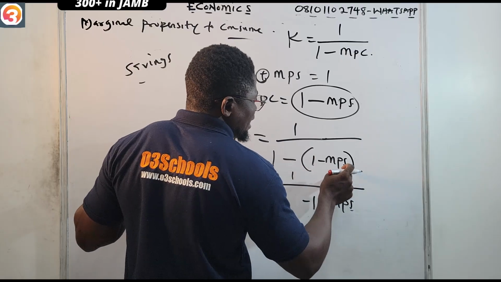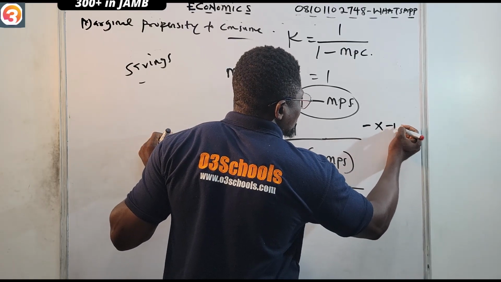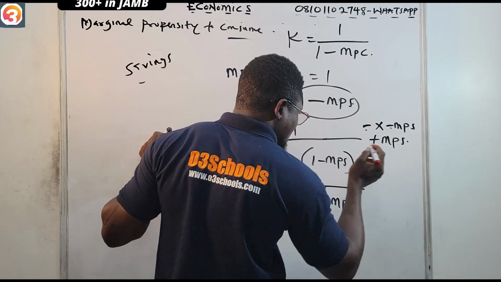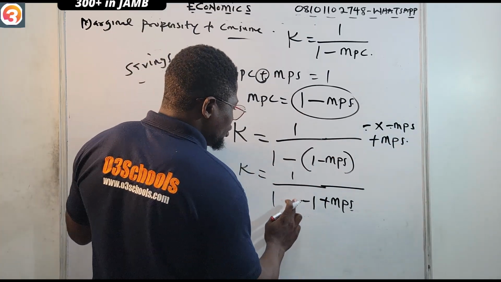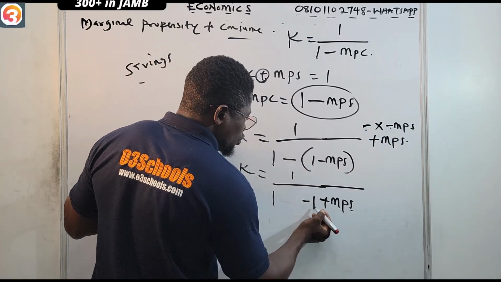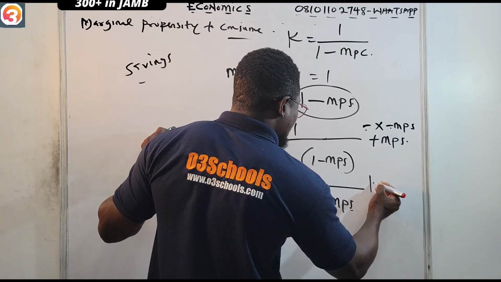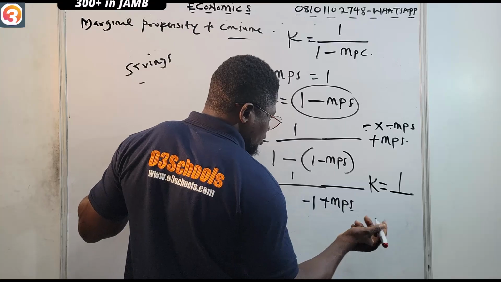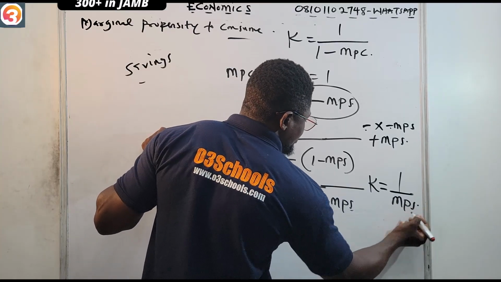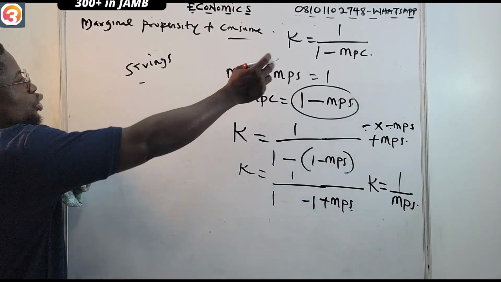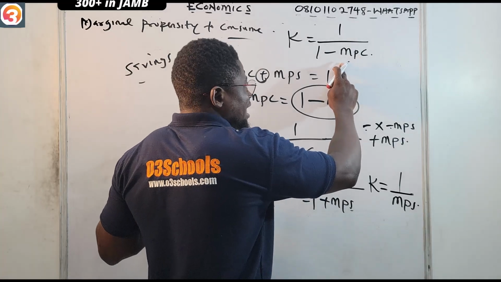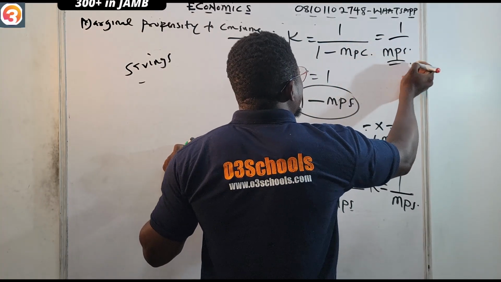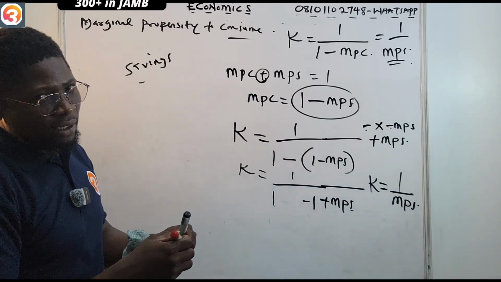Minus times minus MPS is plus, so I have plus MPS altogether. Now 1 minus 1 is 0, so what is left is MPS. So K is equal to 1 over 1 minus MPC, and it's also equal to 1 over MPS, the inverse of the marginal propensity to save. Please take note of that.